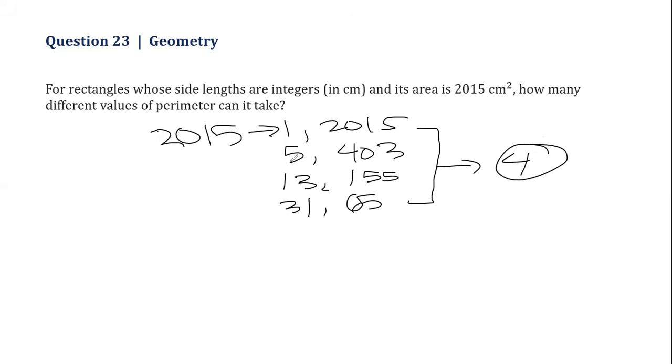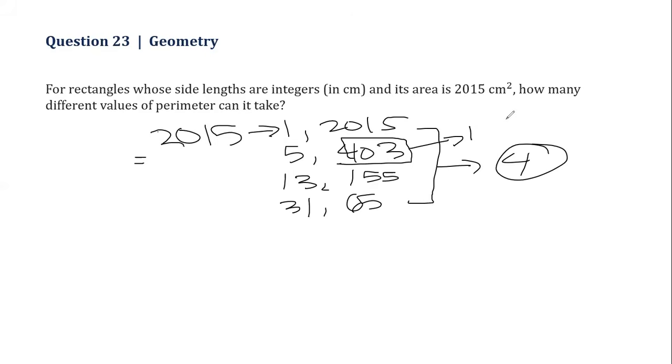So firstly, I can do a prime factorization of 2015, and then how? Okay. So 2015 is pretty tricky, especially if you can't see that this is the product of 13 and 31.